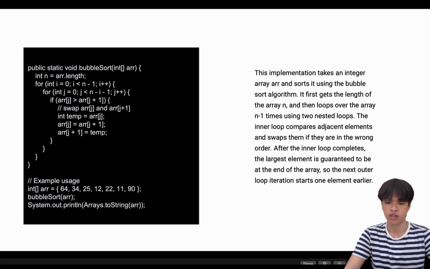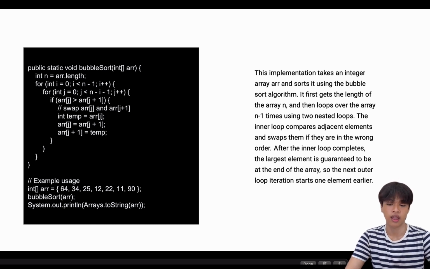The inner loop compares adjacent elements and swaps them if they are in the wrong order. After the inner loop, the largest element gets placed at the end of the array, so the next outer loop iteration starts one element earlier.